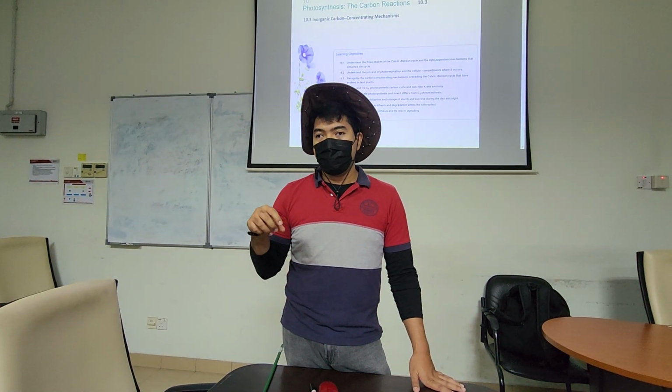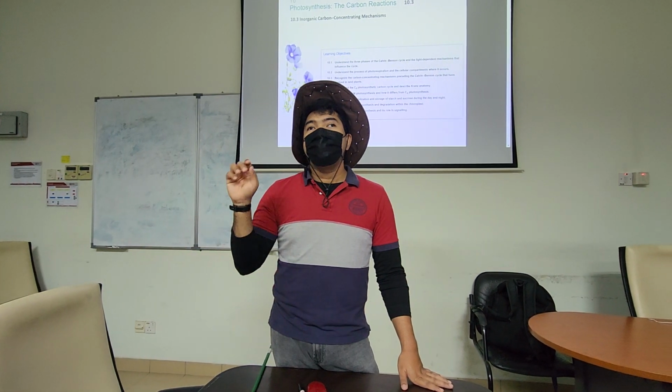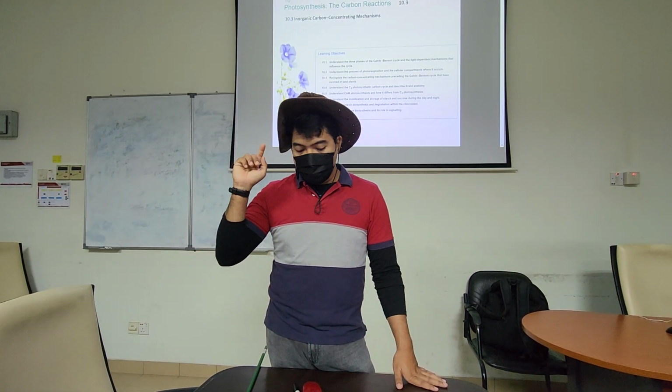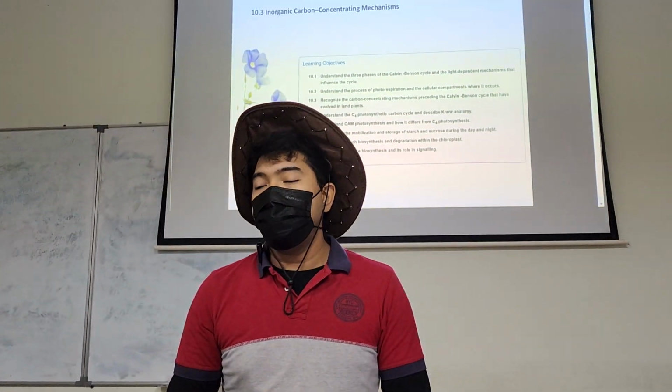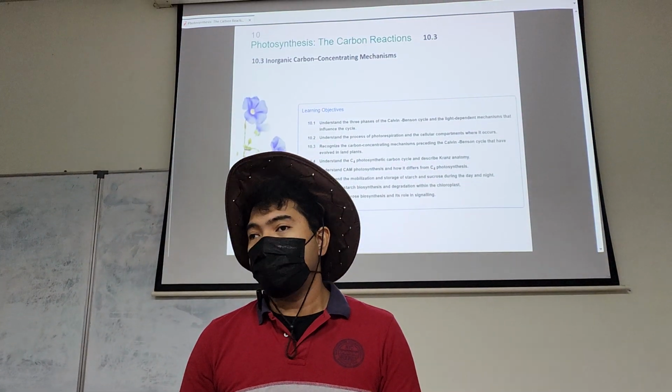So the whole idea of photorespiration is to salvage the CO2 back into the system while removing the 2-phosphoglycolate, the C2 carbon compound that happens to be toxic.